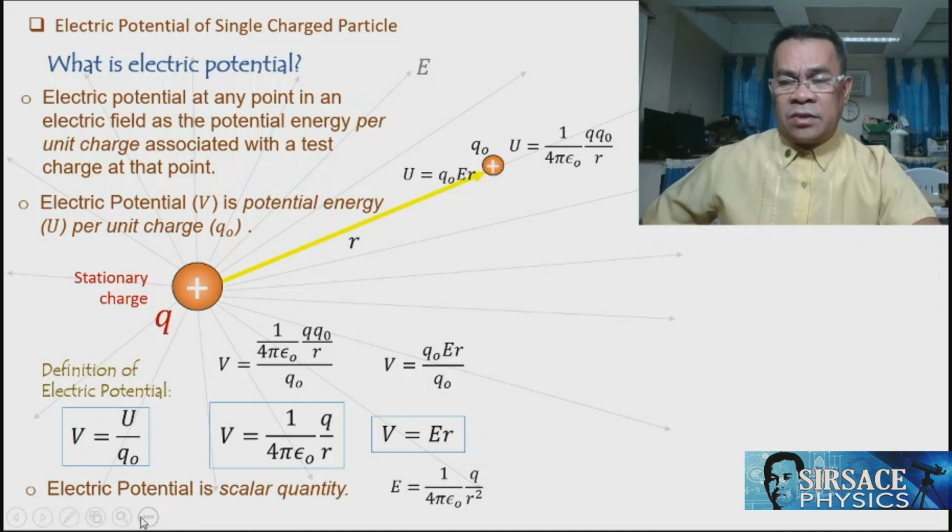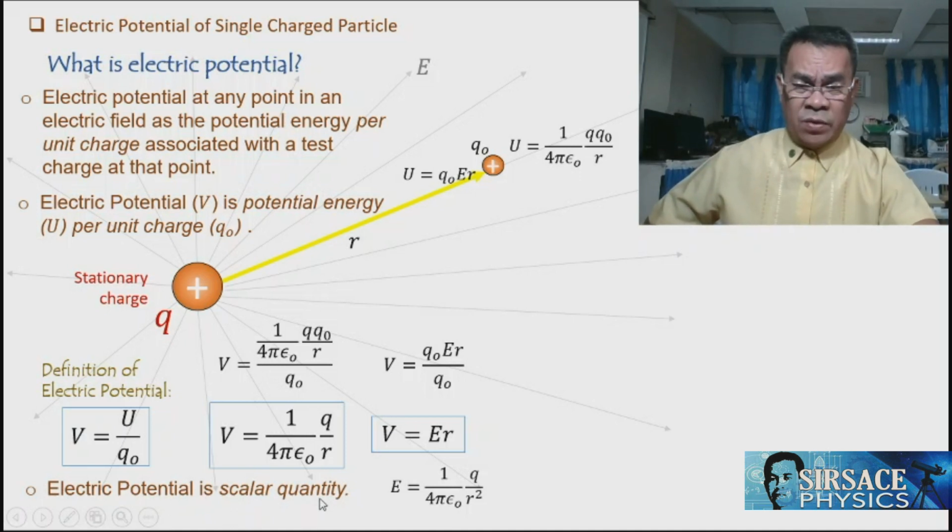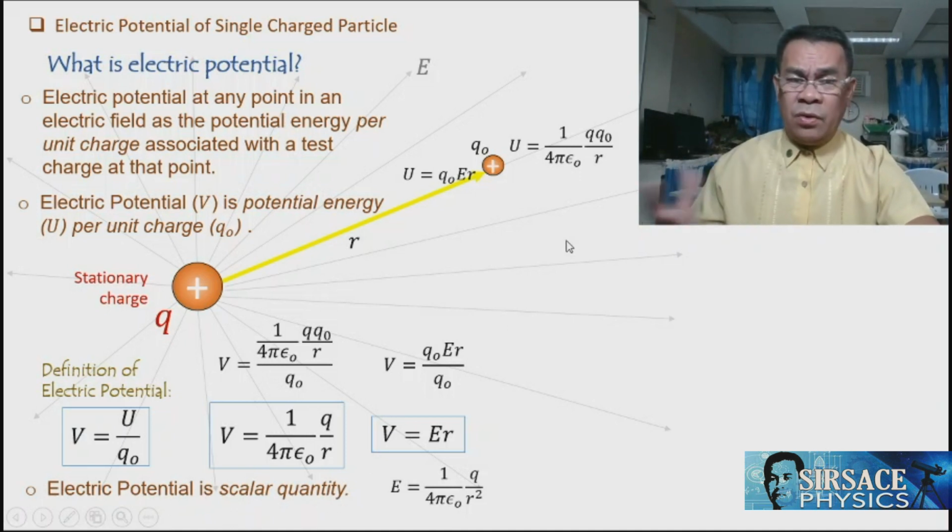So, take note that electric potential is a scalar quantity. Same as energy, because energy is scalar, then electric potential is also a scalar quantity, which means that there are no directions. Okay? There is no involvement of i hat, j hat, and k hat for the direction along x, along y, and z. Okay? Why?